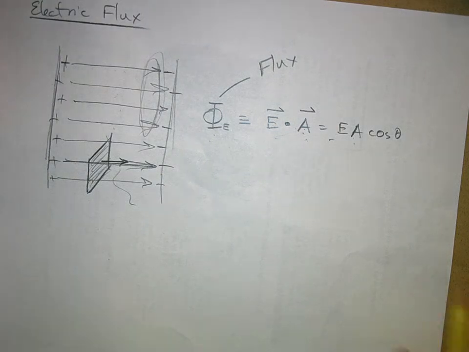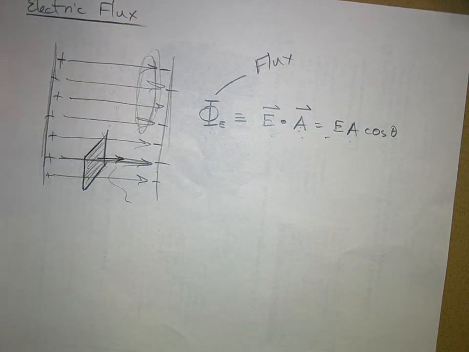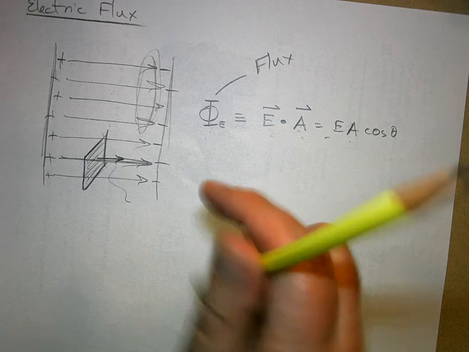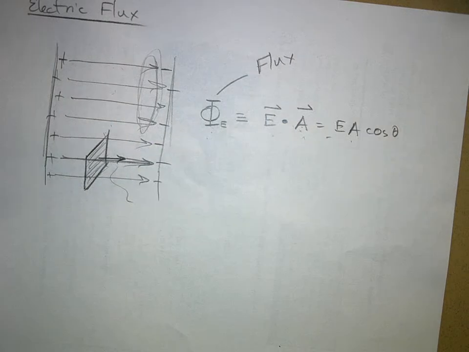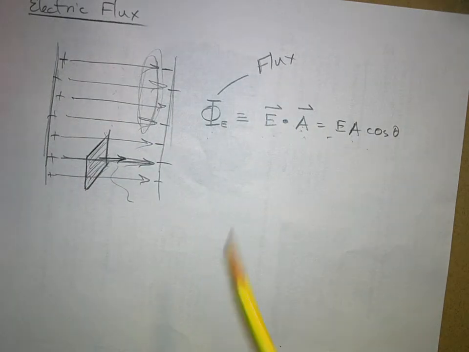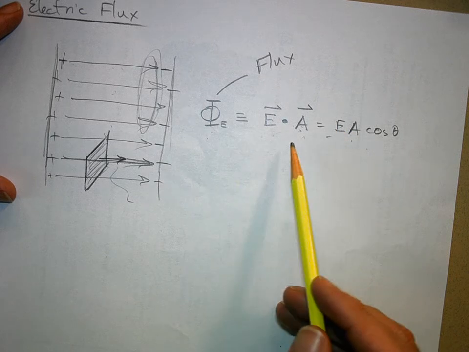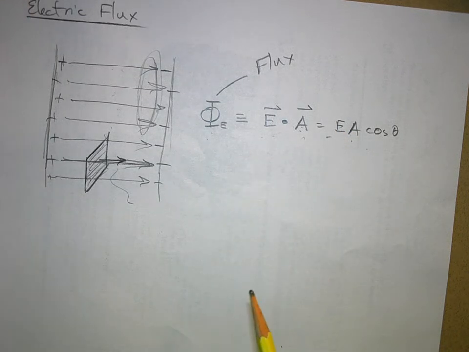Just don't think of it as the direction of the area. Think about how the area is oriented in three-dimensional space. That pencil tells you. And you treat it like a vector. So this gives me a definition for electric flux. And we're going to see in a second, it really does depend on how much charge is in there.